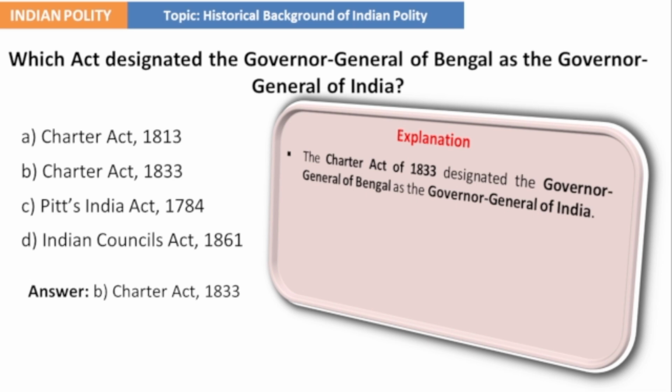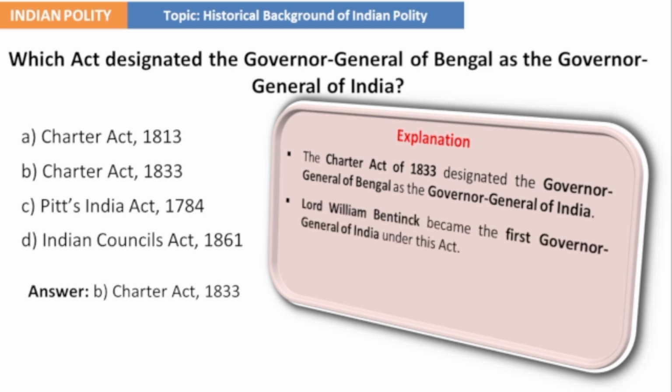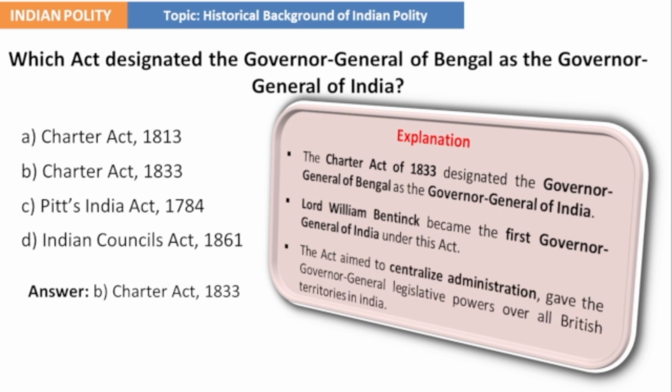The Charter Act of 1833 designated the Governor General of Bengal as the Governor General of India. Lord William Bentinck became the first Governor General of India under this Act. The Act aimed to centralize administration and gave the Governor General legislative power over all British territory in India.